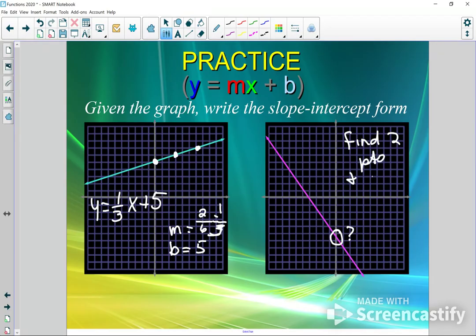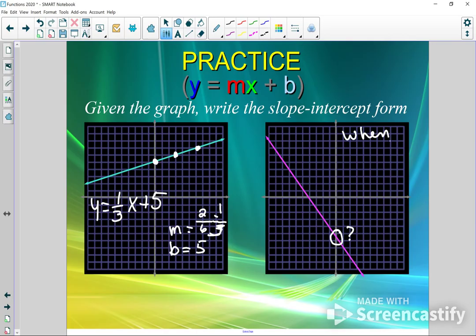When we have a b that doesn't land perfectly on the y-axis, on a nice pretty integer, we can't estimate our b. There has to be another way, and there is.